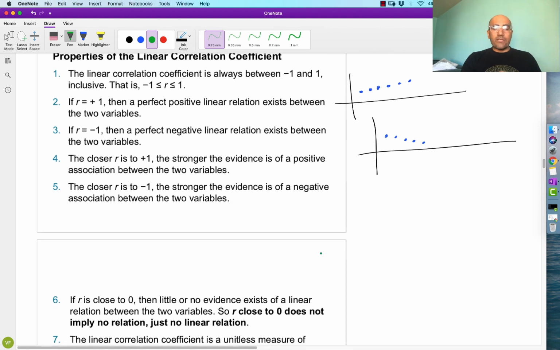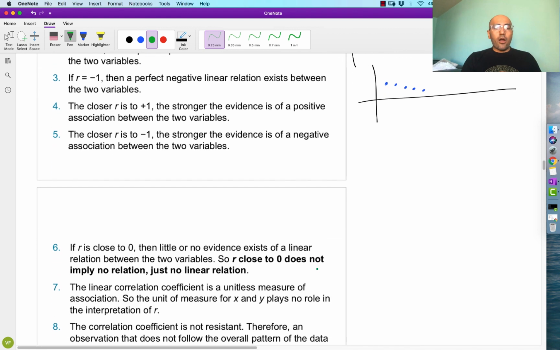Well, what about when it's 0? If R is close to 0, then little or no evidence exists that there is a linear relationship. So R close to 0 does not imply no relation. It just implies no linear relation.